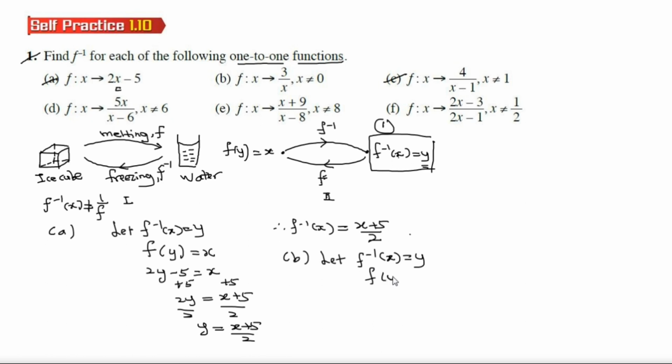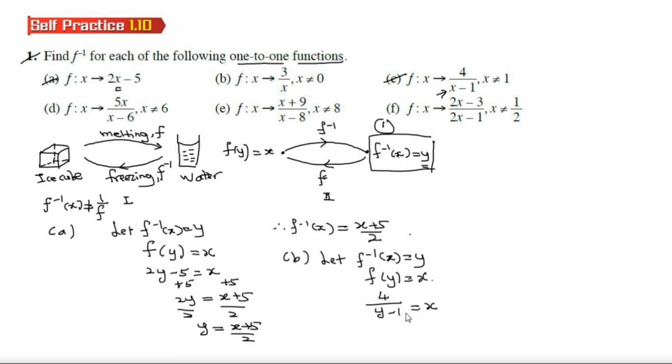So f of y equals x. Now what is function f? Function f is 4 over x minus 1. So we replace this x with y, equals x. That's how we start.